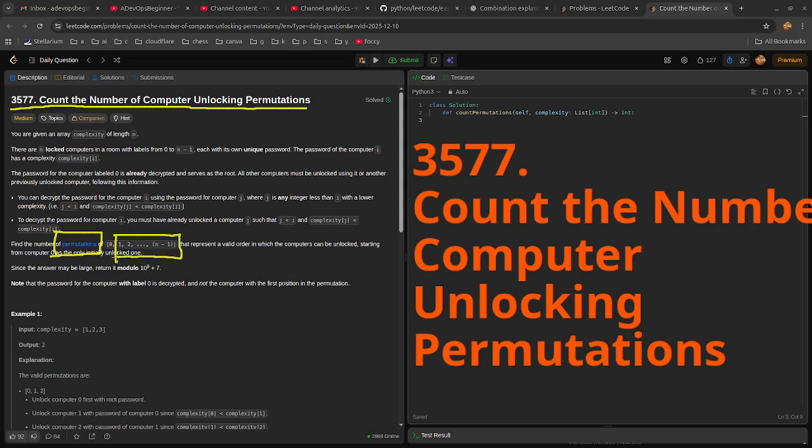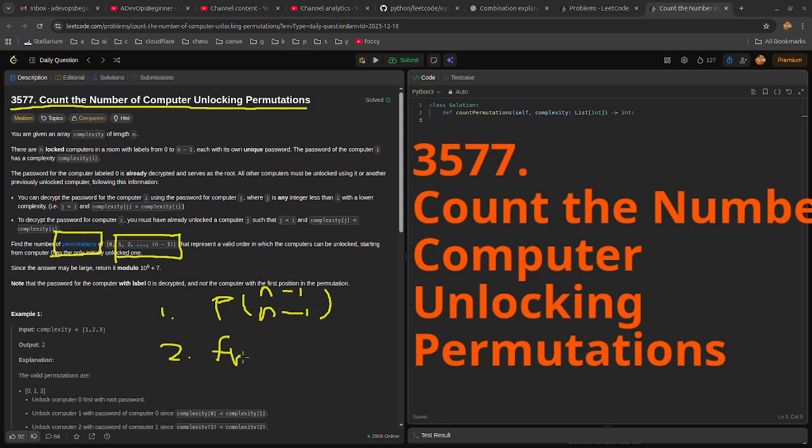Since we already have number 0 decrypted, all we need is a permutation order of this array from 1 to n minus 1. So the permutation of n minus 1. That's all we need. Then how do we calculate this permutation?